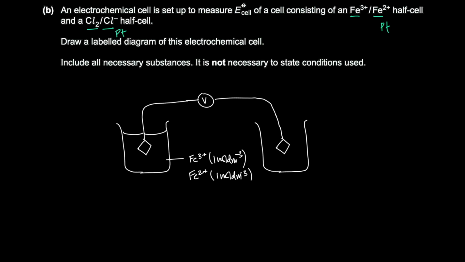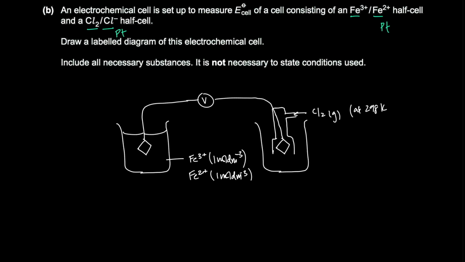And then in the other half cell, we have a chlorine chloride half cell. We need a gas delivery system for the chlorine. So we have something like this, and we have this. And then we're going to have chlorine gas. Again, you don't have to state the conditions, but I'll state them.